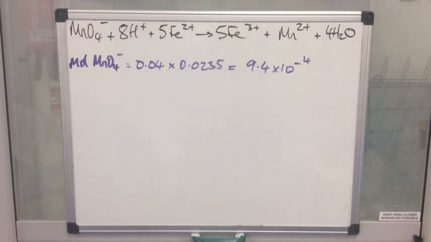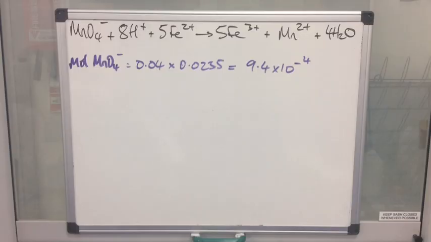So you can see I've put the redox equation at the top of the board there, and we need the mole ratio from that between the MnO4 minus and the Fe2 plus. So the first thing we're going to calculate, because we have all the information to do so, is the moles of MnO4 minus. So that's the concentration, 0.04, times the volume in decimeters cubed, 0.0235.